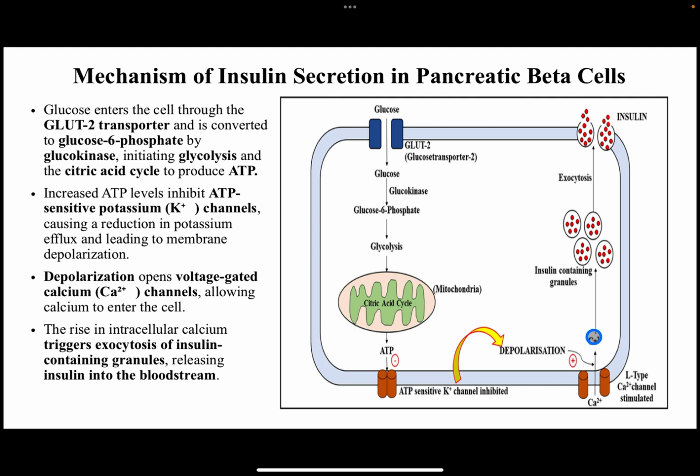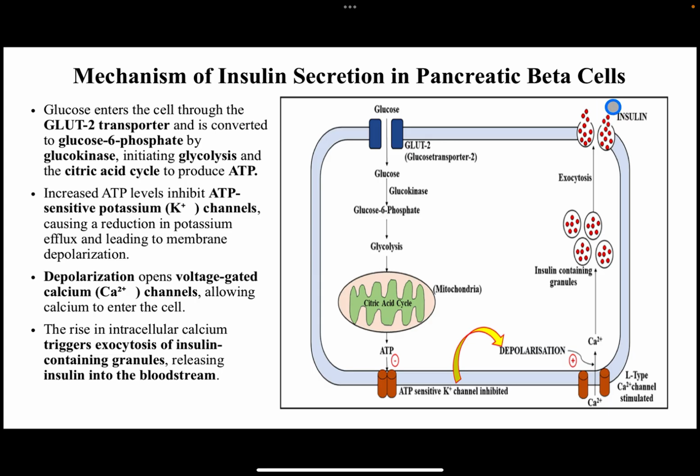And once calcium enters the beta cell, there is going to be a burst of insulin from the insulin-containing granules. Then exocytosis will occur so that insulin is released outside of the beta cell into the bloodstream.